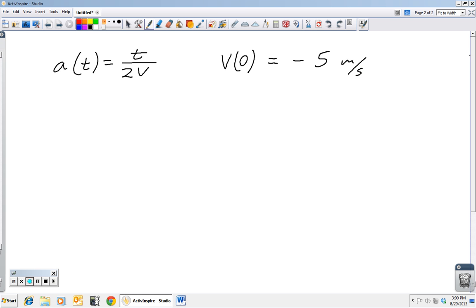So go ahead and solve that using separation of variables, and we'll see what you end up with for your v of t. Oh, let's add one more thing. Find for me what is the velocity at, let's say, 8 seconds.